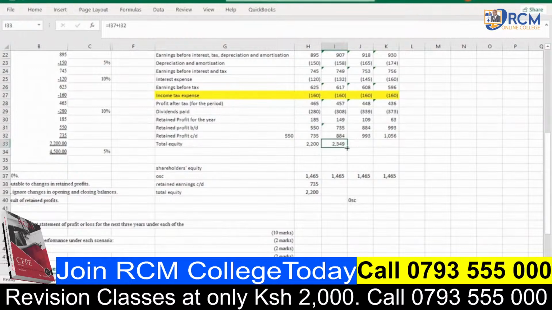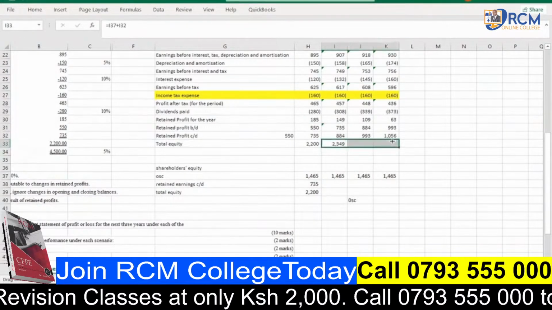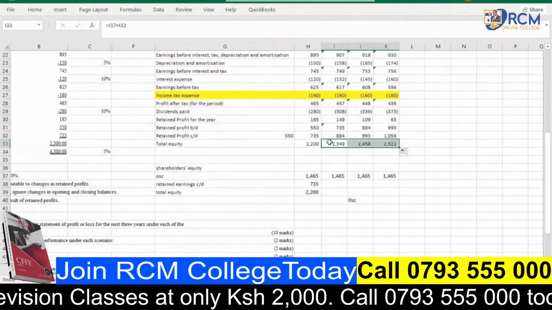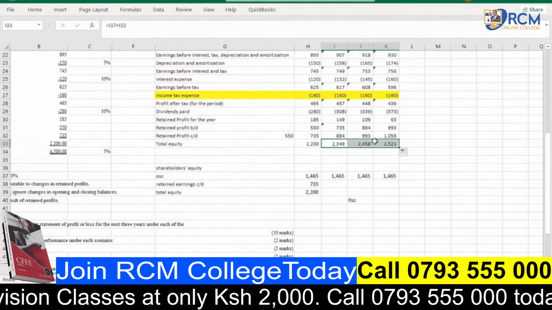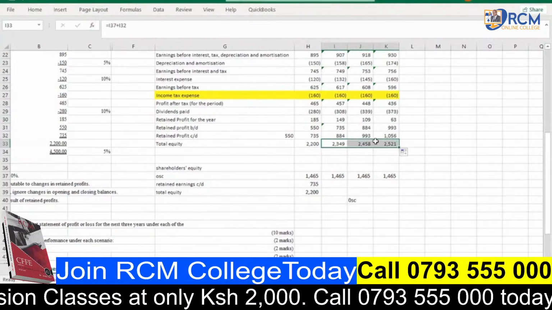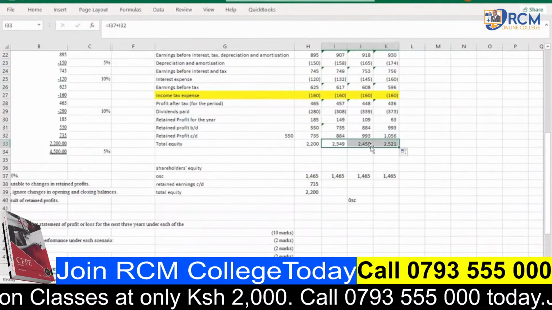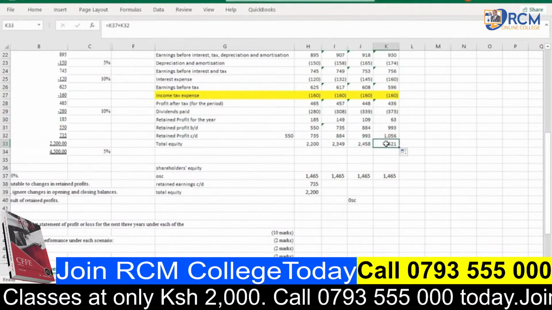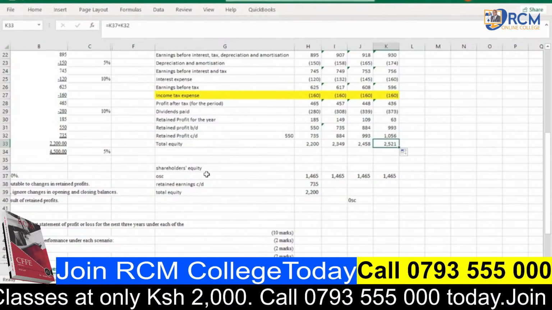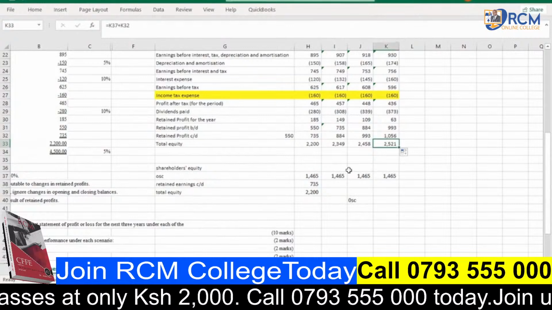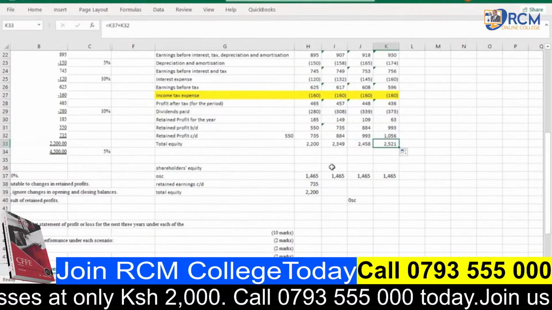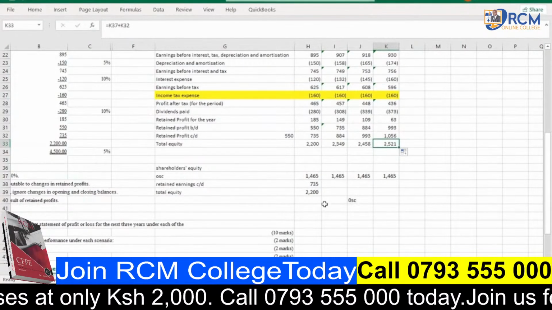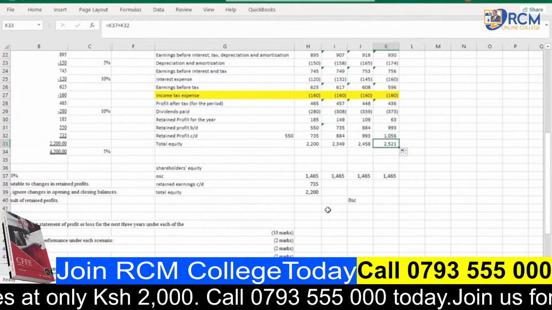Tukifanya hivyo, we will be able to get our total equity for the 4 years. That's how we get the total equity. So you can see the total equity has changed, but not due to changes in ordinary share capital. No, it is due to changes in retained earnings that examiner talked about.